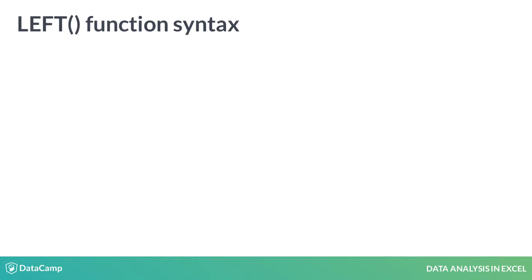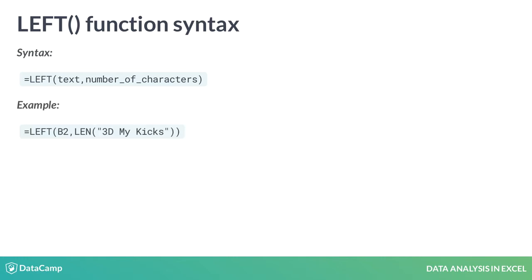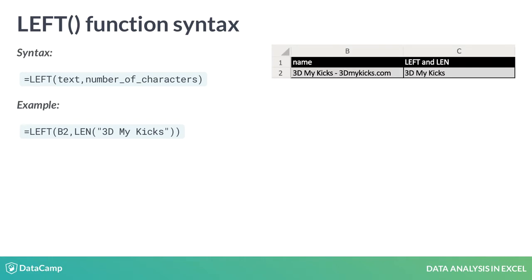The syntax is equals LEFT, open parentheses, then the cell to extract from, followed by how many characters to extract starting from the left. In this case, it becomes equals LEFT, open parentheses, cell B2, LEN, open parentheses, in double quotes, 3dmykicks, close parentheses, twice.